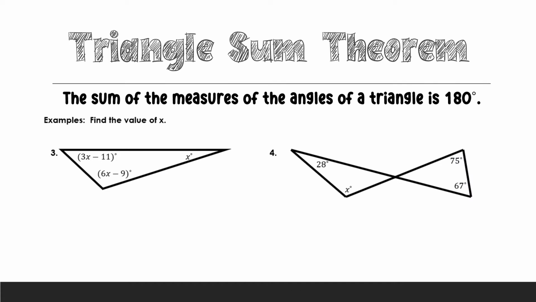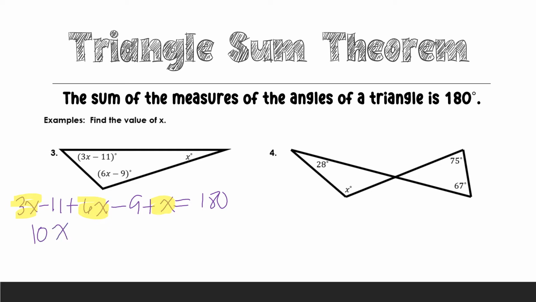Couple more problems like that. For number 3, we've got a little bit more involved. We don't have any specific degree measures at this point, but we do have some algebraic expressions replacing the angle measures. I'm still going to do the same thing and add them up. So 3x minus 11 plus 6x minus 9 plus x equals 180. I'm going to combine my like terms. 3x plus 6x is 9x, plus x is going to be 10x.